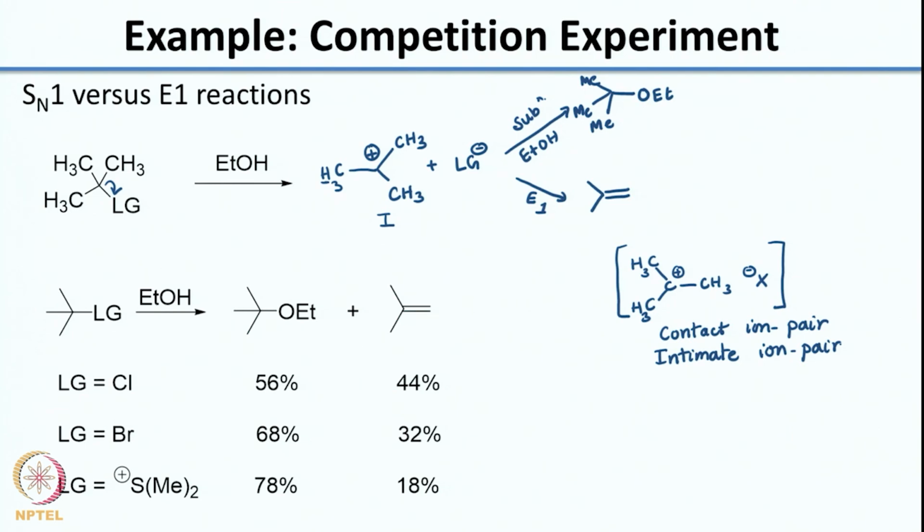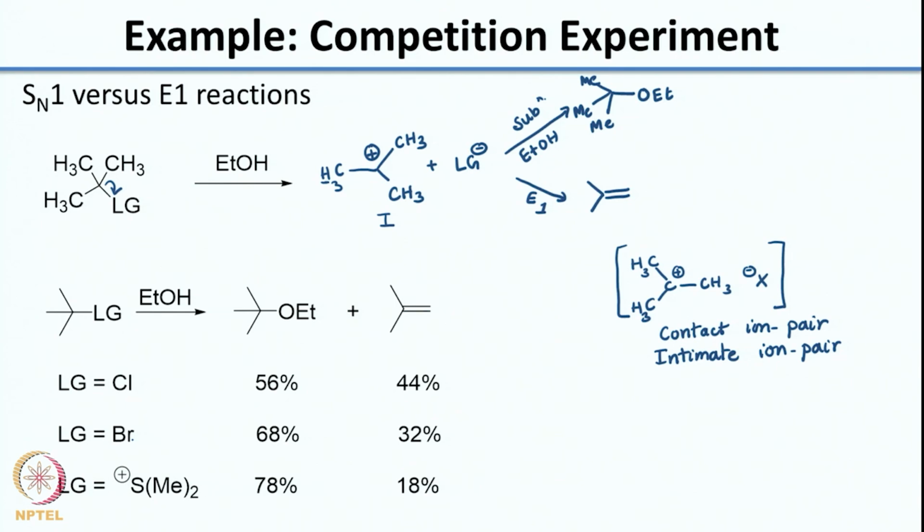So if they are very much close to each other, now when your nucleophile comes, it will not be able to immediately access your electrophilic center. So what you see is, in the case of Cl and Br, you see a competition between elimination and substitution.